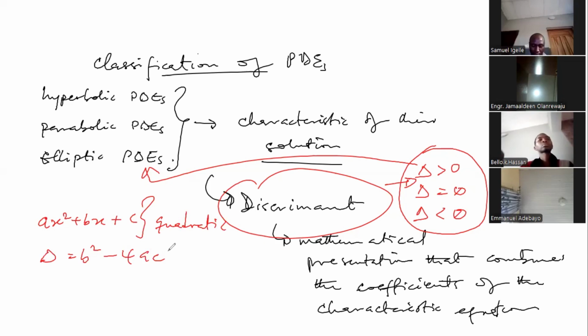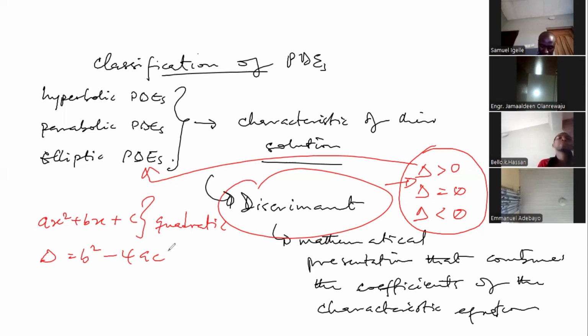We can actually infer this from the quadratic formula, right? Now, for this given function, the discriminant tells us the number of roots it has. Is that clear, please?